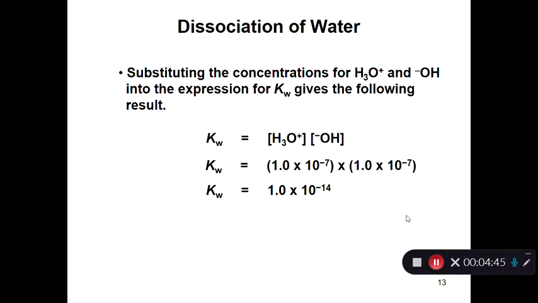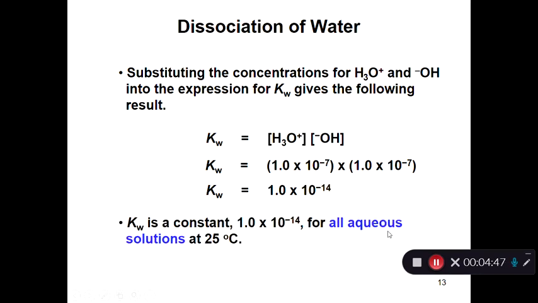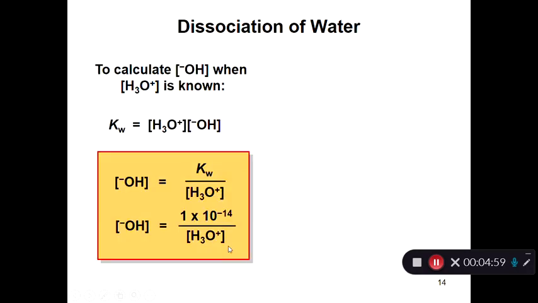You need to memorize this equation at 25 degrees Celsius: this ion times that ion is equal to 1 times 10 to negative 14. With this equation, we are able to calculate the concentration of either OH minus or H3O plus.